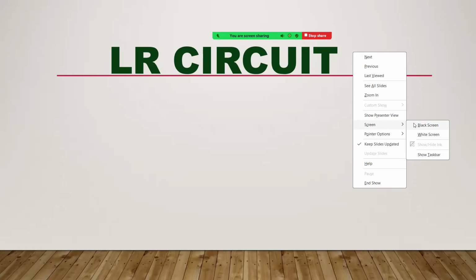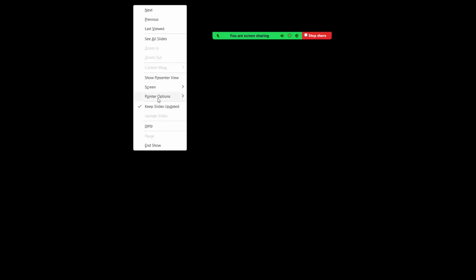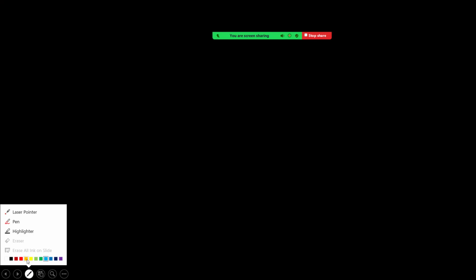Now we can focus on decay of current. Till now we have discussed growth of current. See here what we are doing. An inductor and resistor connected to one battery.